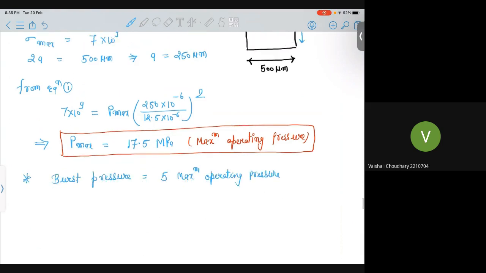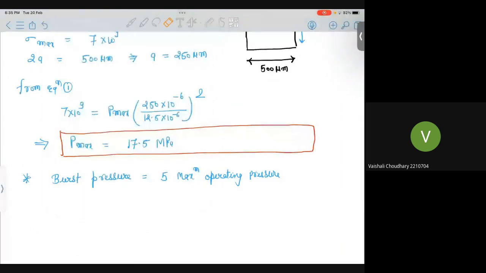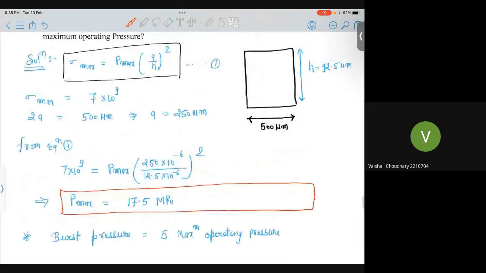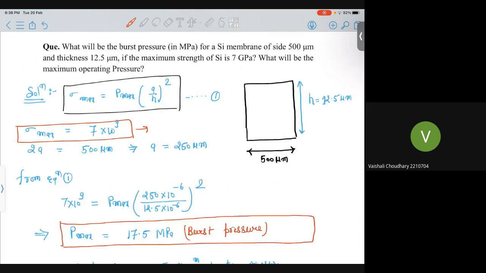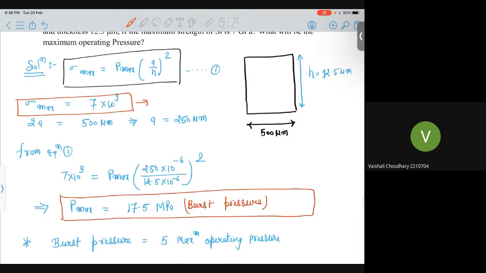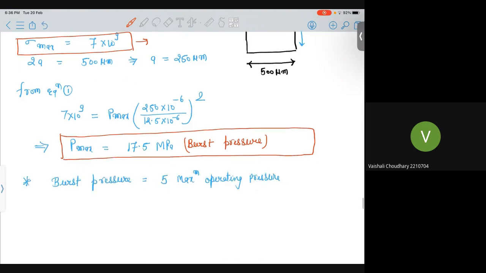Oh, sorry, this is not the maximum operating pressure. This is the burst pressure. Because this is the maximum limit for the material. Beyond that, we can't apply a pressure. We can't apply a stress. So for maximum stress, the value of pressure is called the burst pressure.